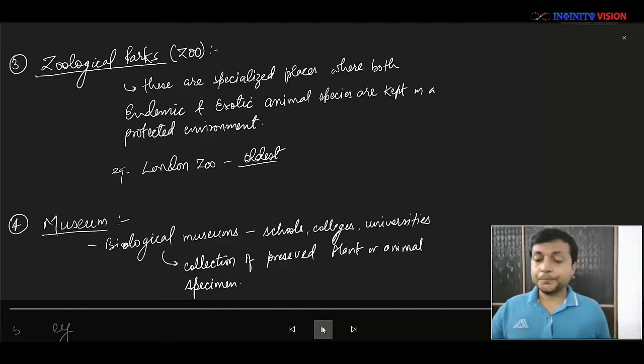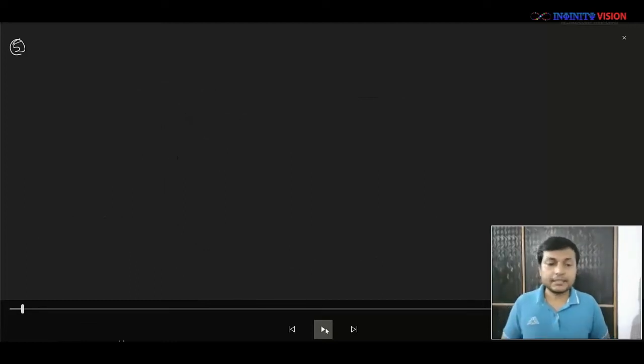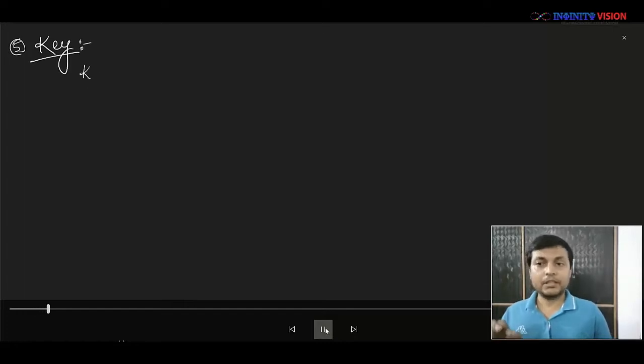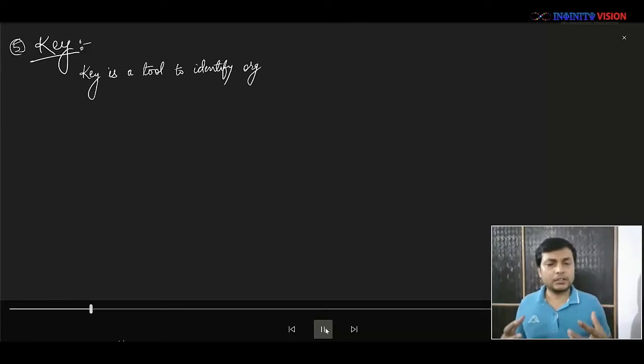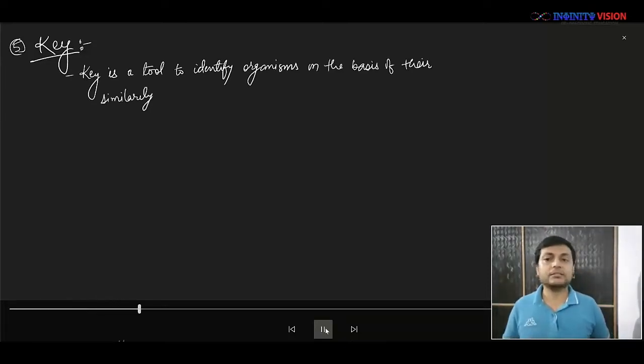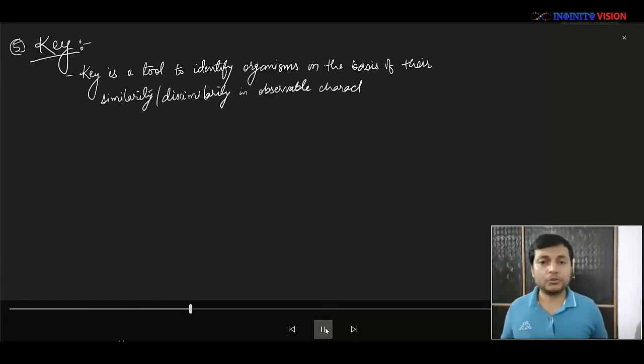Okay, great. So the next taxonomical aid that we are going to talk about is key. Now this is very important. Many times there has been a question from this particular taxonomical aid, that is key. So pay attention to it. What is key? Now, key is a tool to identify organisms on the basis of their similarities or dissimilarities in their observable characters or features.